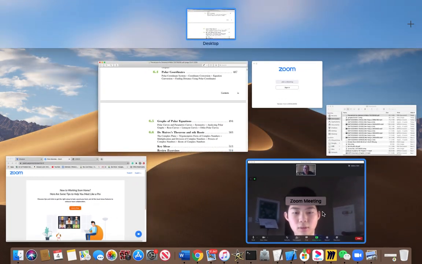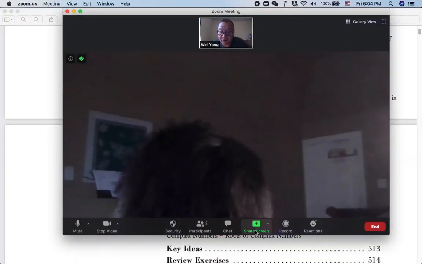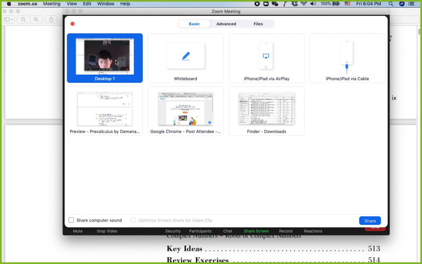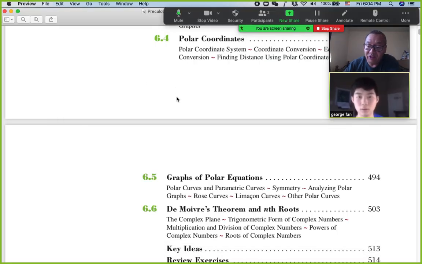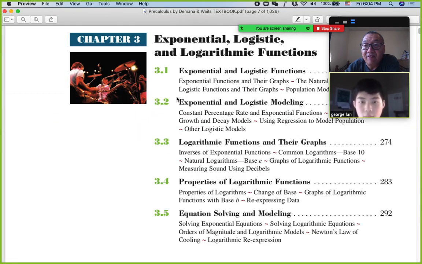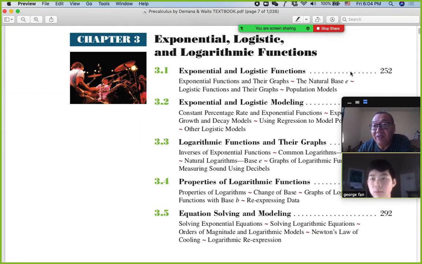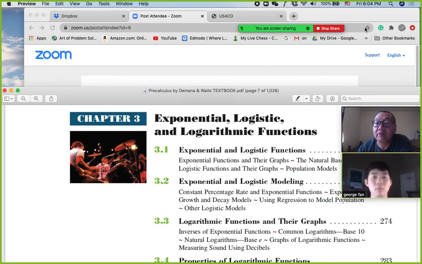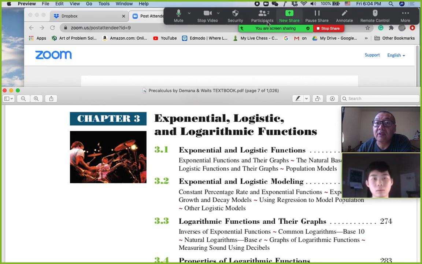Okay, so now let me share my screen. Okay. Now you can see my screen, right? Yeah. Okay. Now let me open the book. Let's see here.